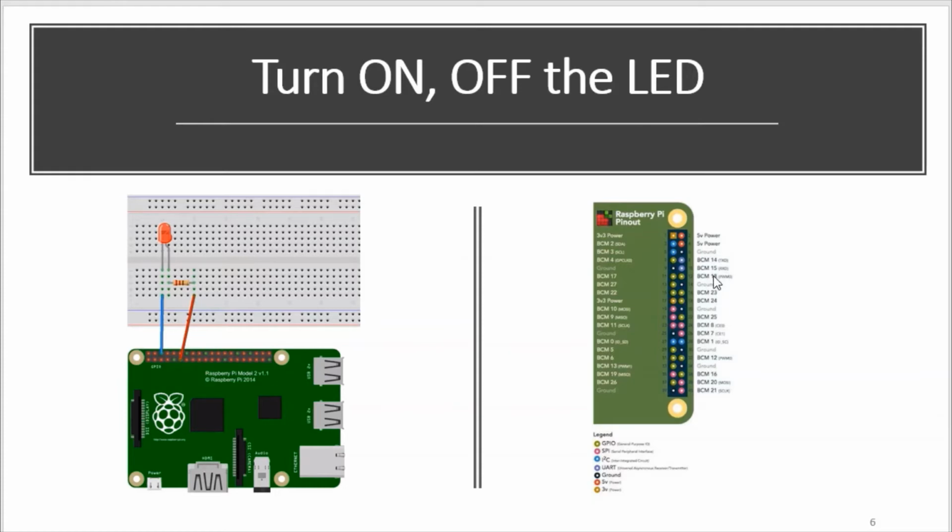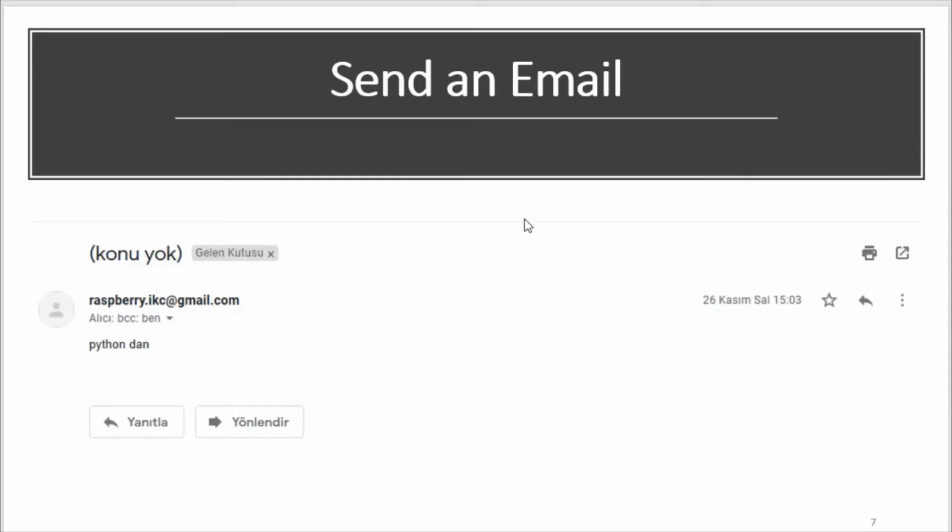So this is the GPIO of the Raspberry Pi. Then I sent an email to the user. I mean a normal email was sent using the Raspberry Pi.